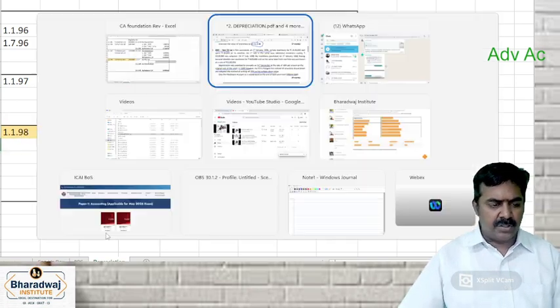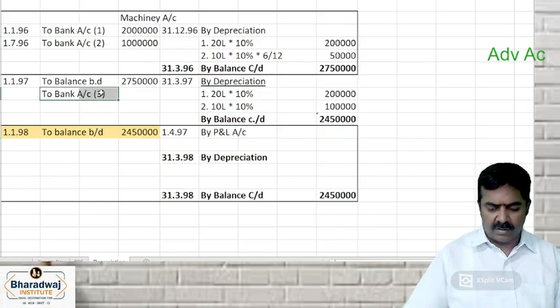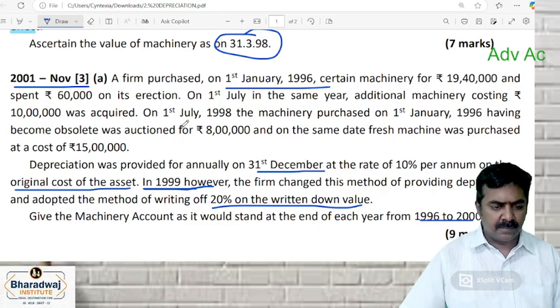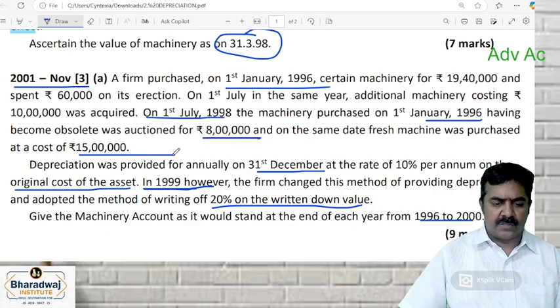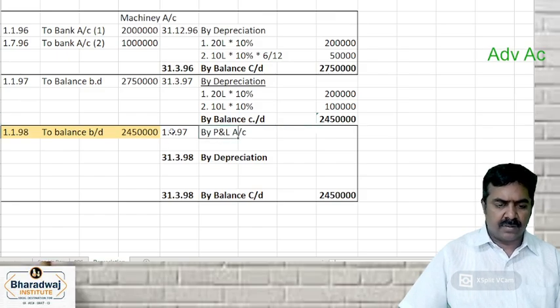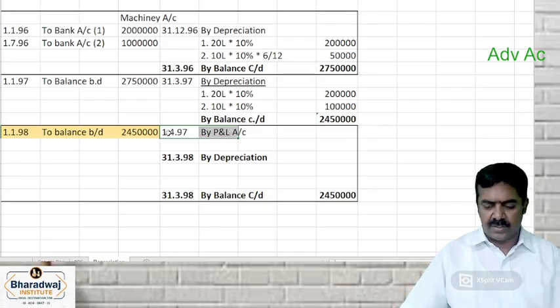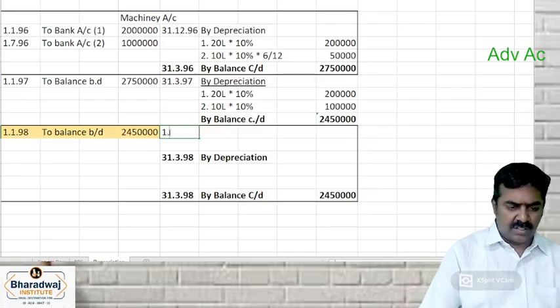Are we selling any machine? In 98, do we sell that machine? On 1st July we are selling the first machine and we are purchasing a fresh machine. We are not selling on 1st January. On 1st July we sell.